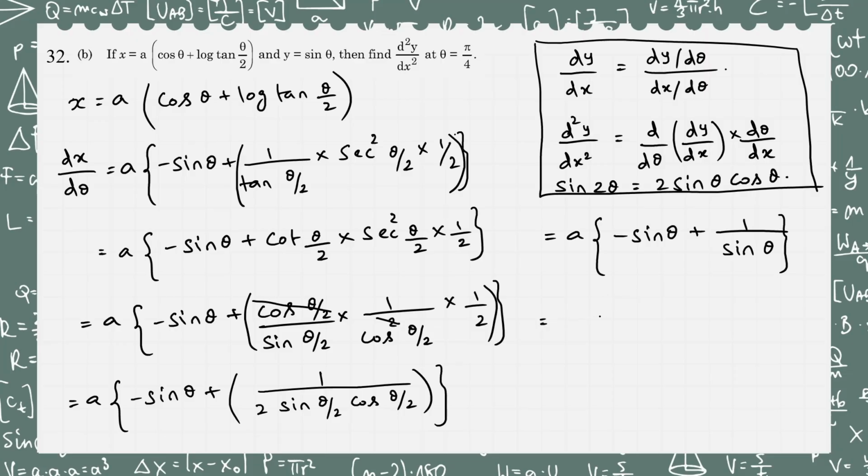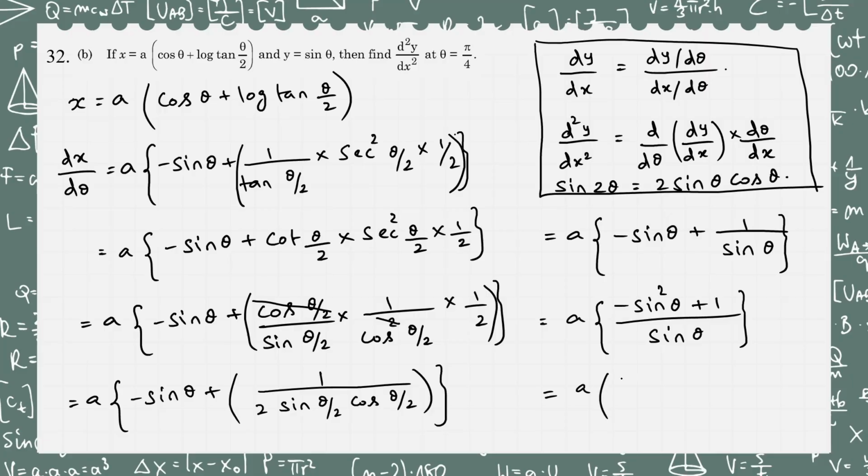So now we need to take LCM as sin theta. This will be minus sin square theta, and that plus 1 will be the same, and this becomes 1 minus sin square theta, right? So 1 minus sin square theta is cos square theta.